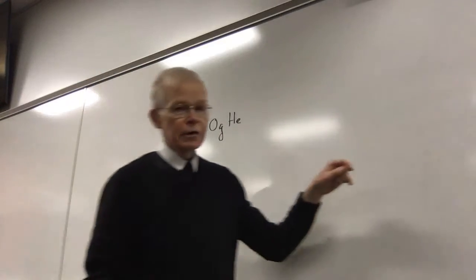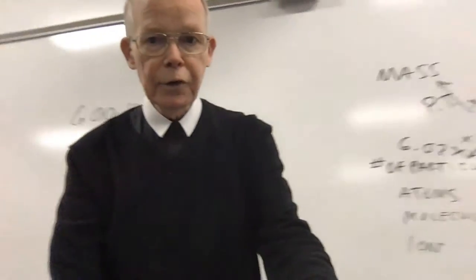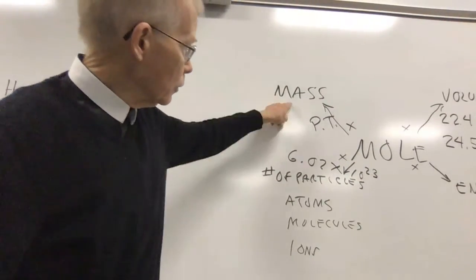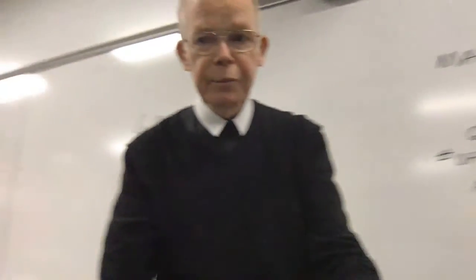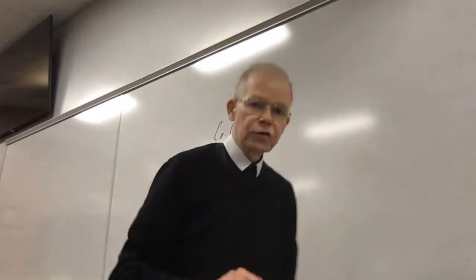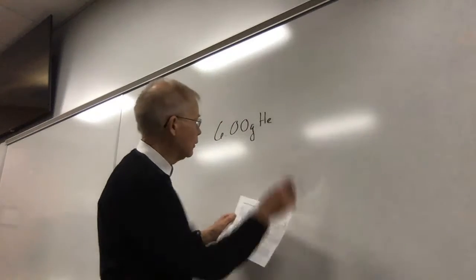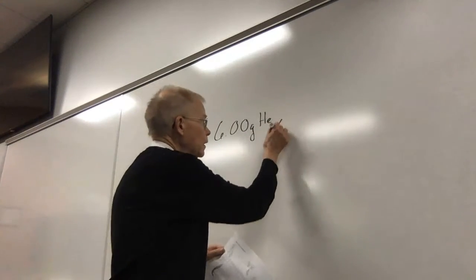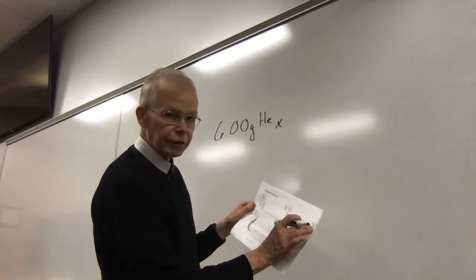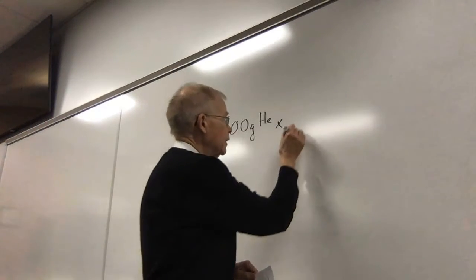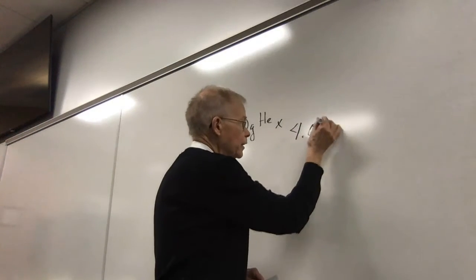So with our diagram, and I want to go from mass to mole, I'm going to go this way. I'm going to divide. So I have to go to my periodic table. That's the tool that I use for this calculation. And I have to divide, so I got to put a number on the bottom. So I look up helium on the periodic table. It has a mass of roughly 4 grams.